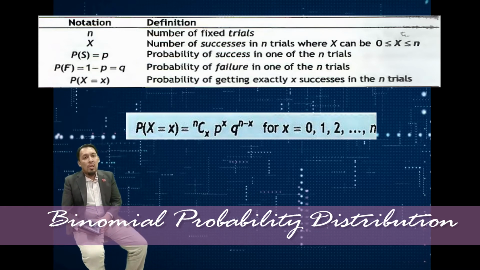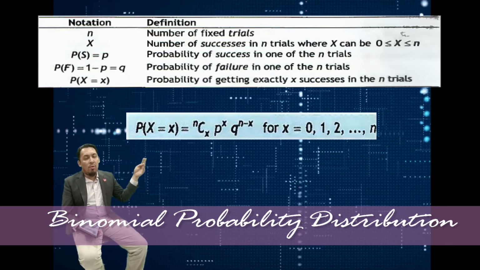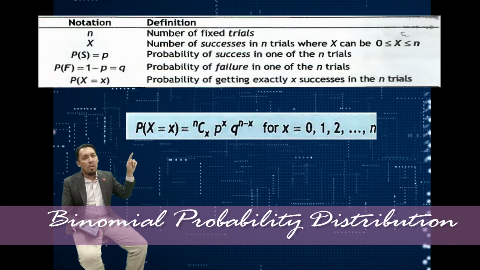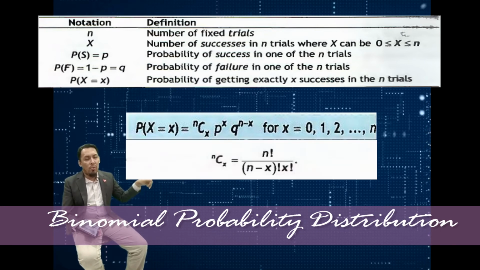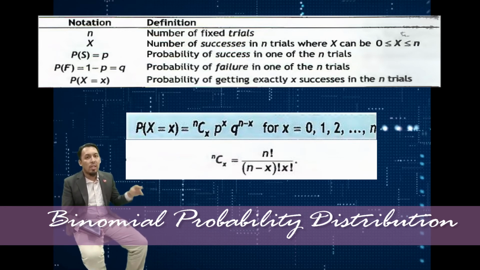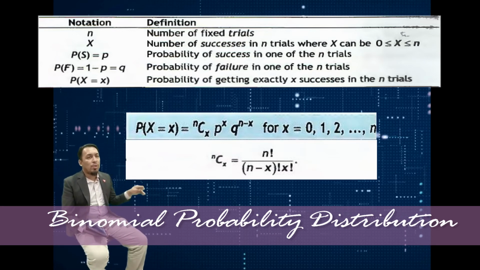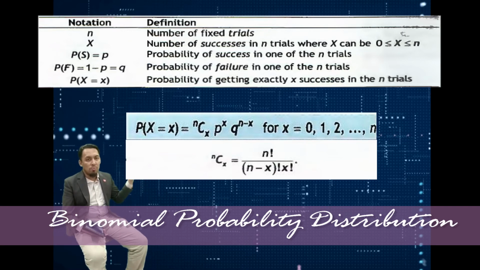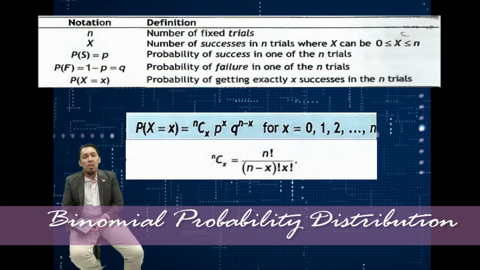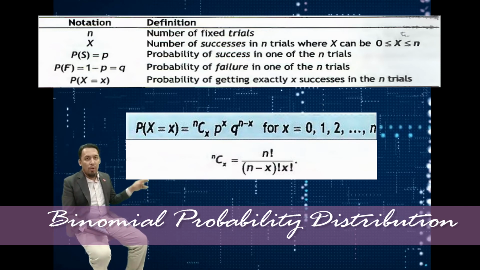The nCx there is n factorial over n minus x factorial times x factorial. Quite a mouthful, but usually we are not going to use this formula. We are just going to calculate it using a calculator or computer. So this is the formula for binomial.